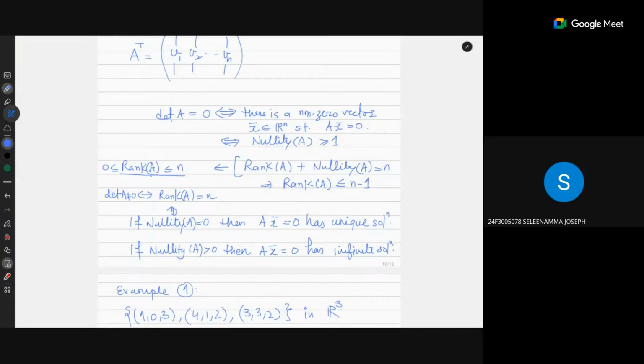But here it says that determinant A equal to 0, then there exists an independent row, I mean independent variable. Independent variable. Okay. That is in the case of vectors.